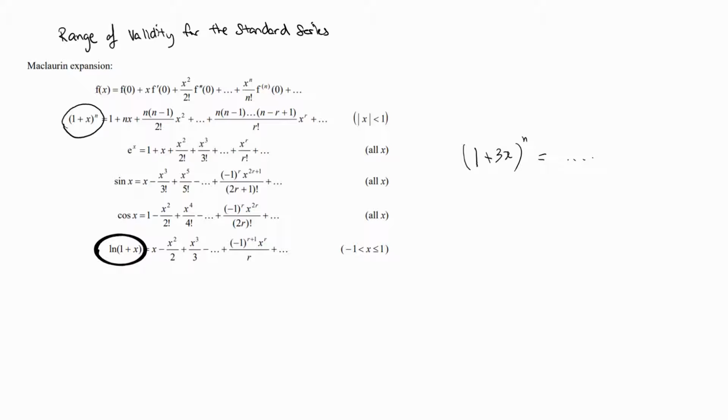In that case, just come back to MF26 if you don't remember, and look for this one. We have replaced x with 3x, so for the range of validity we will replace x with 3x instead. That is where you start.